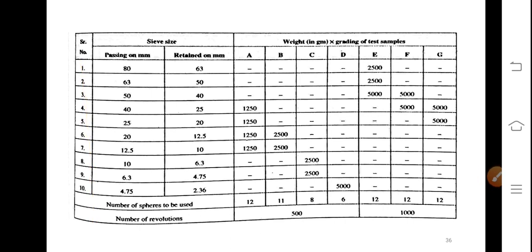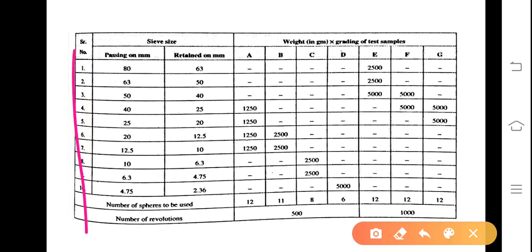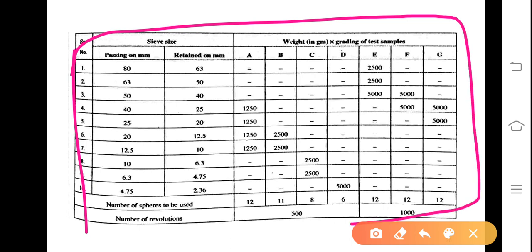So this table is used for selection of a particular size of material in case of abrasion test, Los Angeles abrasion test. There are 7 to 8 grades of aggregates that have been standardized by IS 2386. So what are all the various dimensions through which the aggregate should pass and should be retained to take for the test.